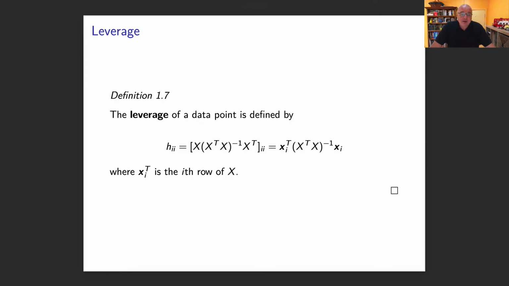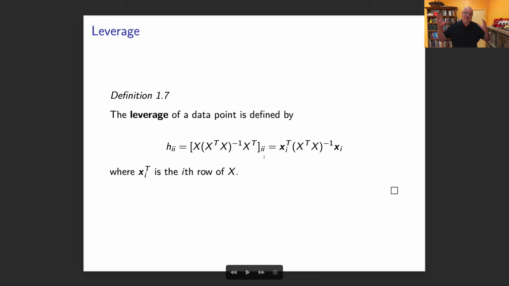So how is it defined? The leverage of a data point is called h_ii. Basically, you take your design matrix X and calculate X (X transpose X) to the minus 1, X transpose, and take the ith point along the diagonal. For an individual point, it's x_i transpose (X transpose X) to the minus 1 x_i.